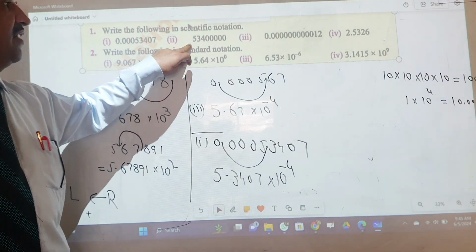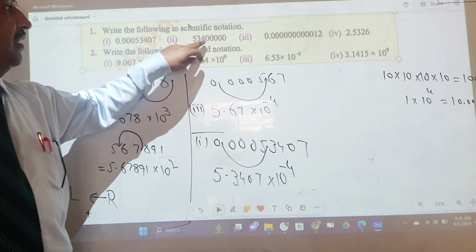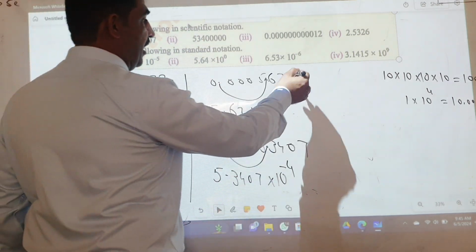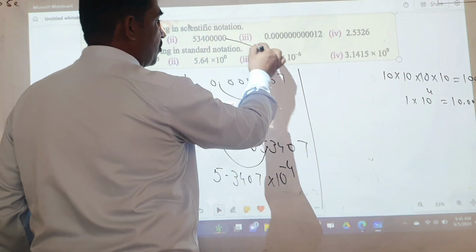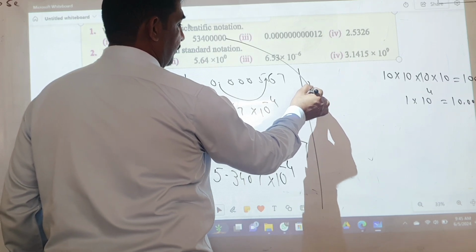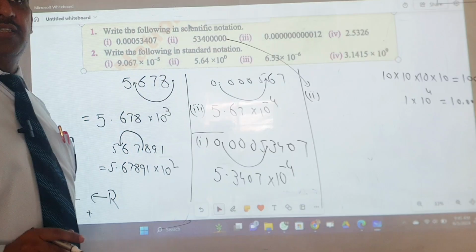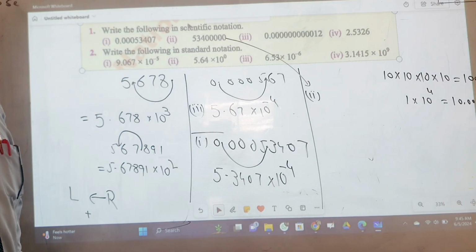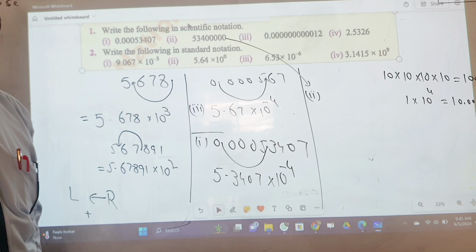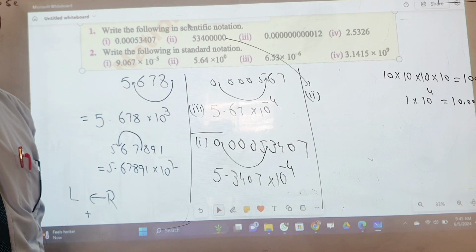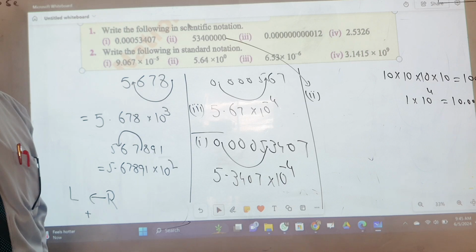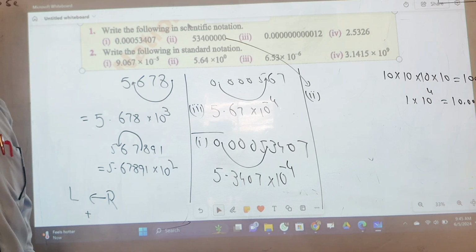Here the statement is 5, 3, 4 and 5 zeros. So what is the scientific form of this question? Tell me. Ji Safa. 3.4 times 10 exponent, what should it be? 6.